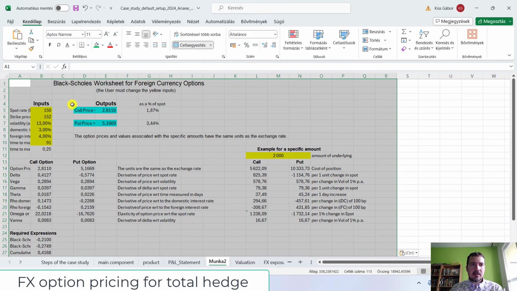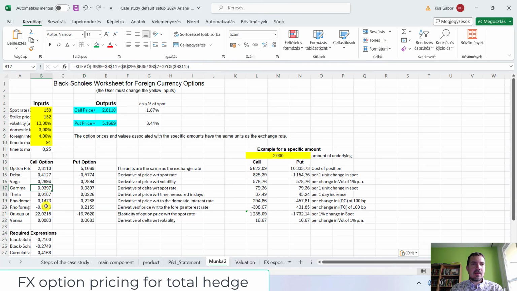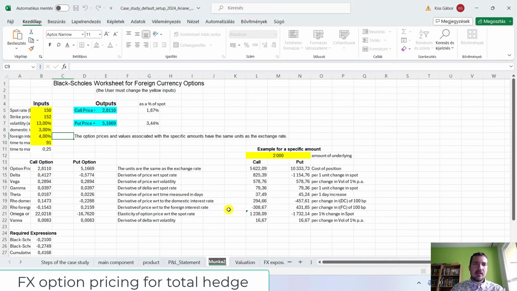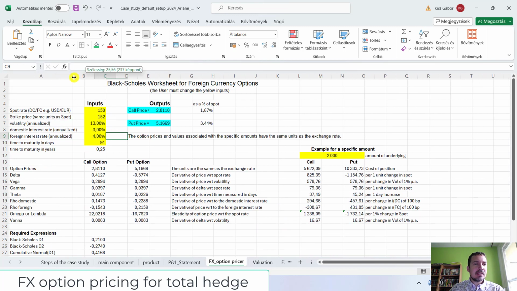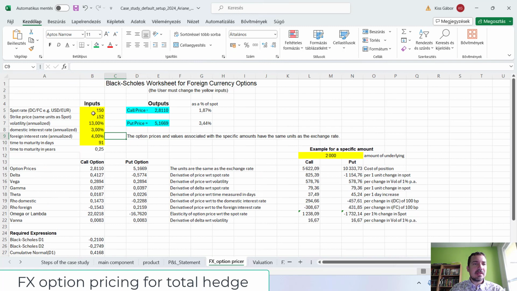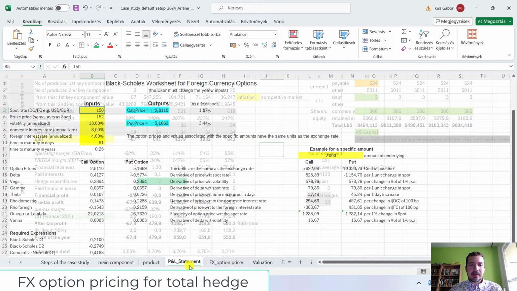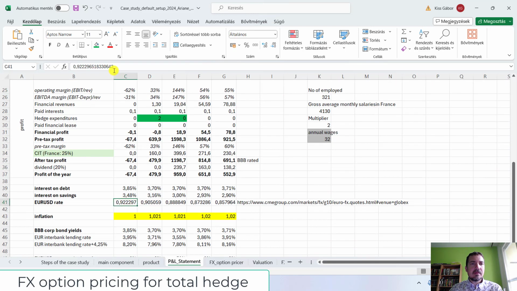So, okay, if we are using our own Excel version, then it will be doing the same thing. So what is the spot rate right now? The spot rate is this.